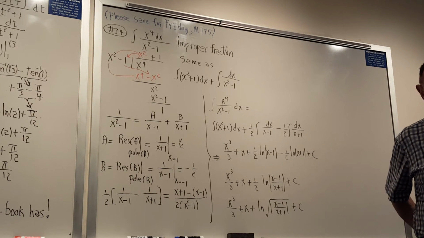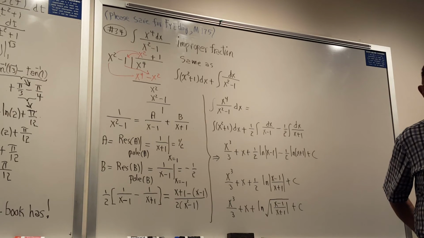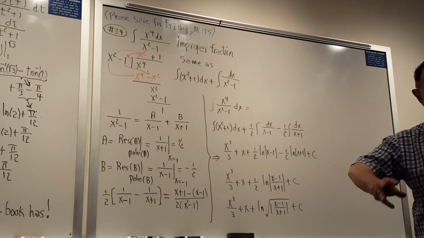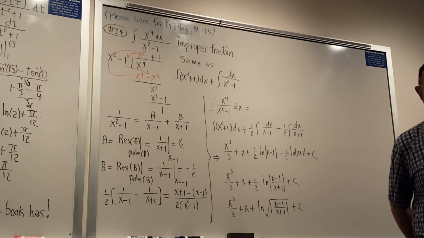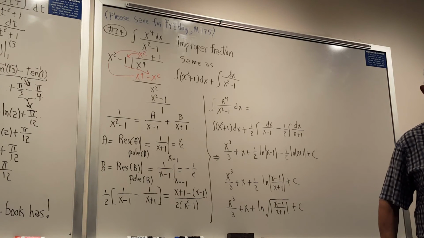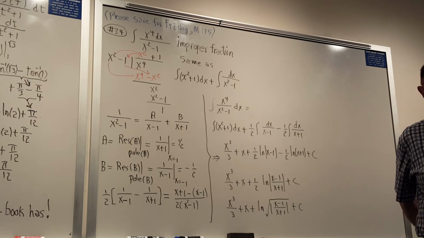So those are what you call closed form solutions. Well, there are a lot of definite integrals where you cannot get a closed form solution, but there still is an area, or whatever the integral represents.